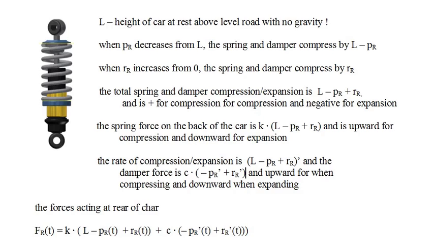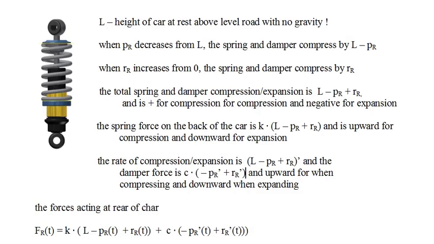The rate of change of the compression or expansion of the shock absorber is given by L minus P sub r plus R sub r prime, which is minus P sub r prime plus R sub r prime, and it is positive when the shock absorber is compressing and negative when it is expanding.